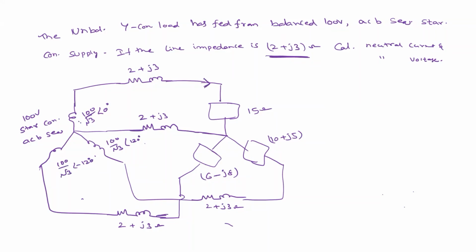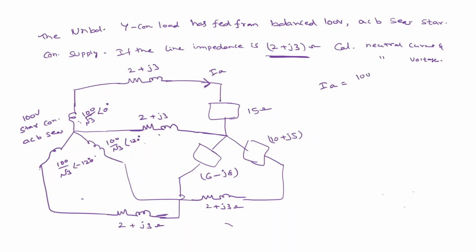The line impedance 2 plus J3 in all three phases is in series with the load, no, sir, so we can combine it. Yes. So how much is this IA? Tell me anyone, simple. What is the line value of that voltage, IA by 2 plus J3, sir?